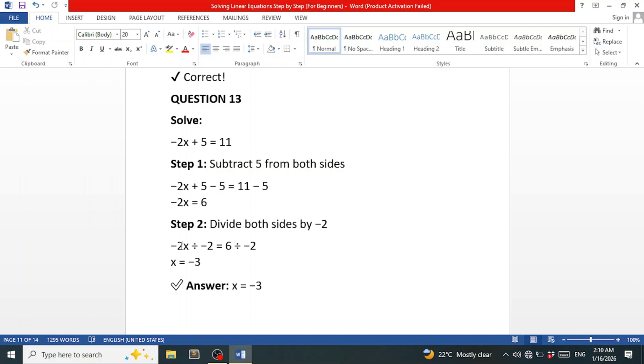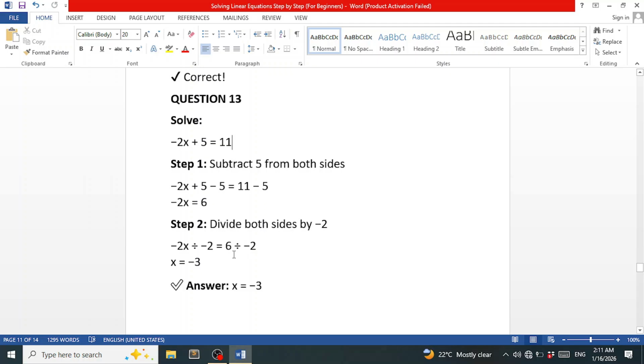So here we're going to have x is equal to 6 divided by negative 2. Any number which is positive divided by a negative number, we get a negative number. That is why we are having here a negative. And many students forget this negative, okay? And the answer becomes wrong.